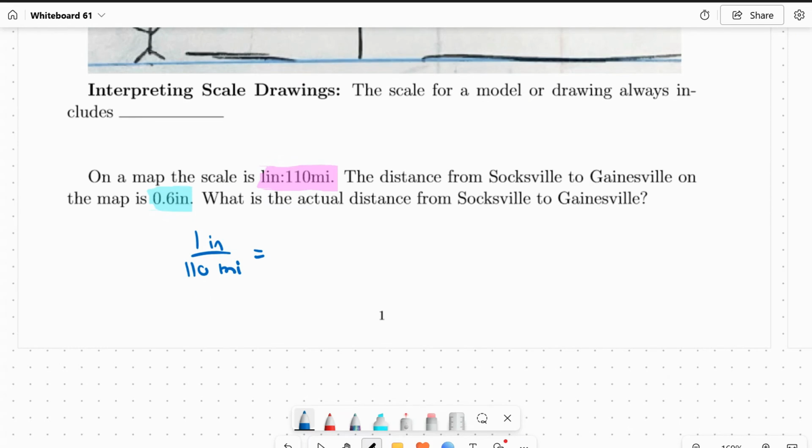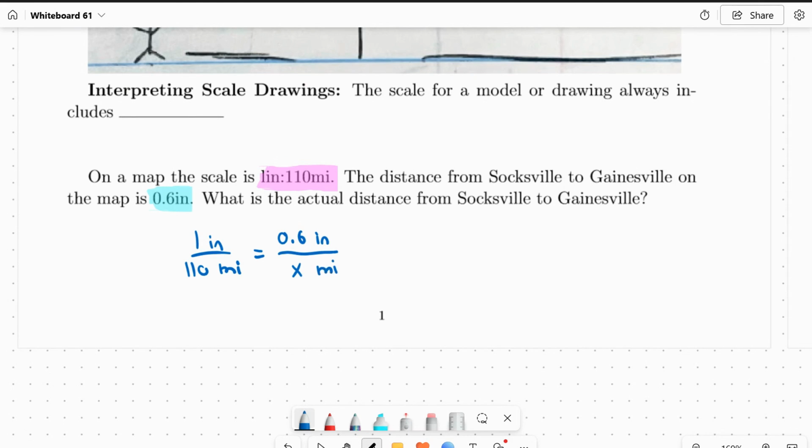If that's my first fraction, in my other fraction, since I have inches in my numerator, I'm going to have to write inches in my numerator for the second fraction as well. They give us inches, which we know is 0.6, and we're trying to calculate the number of miles. So we can just make that a variable, x miles.